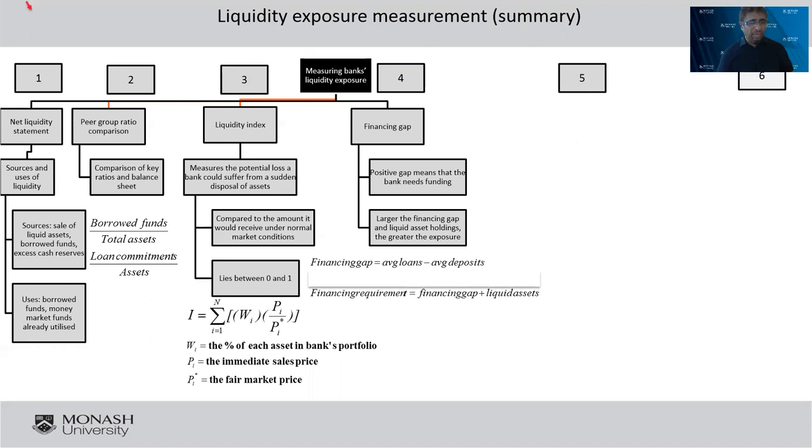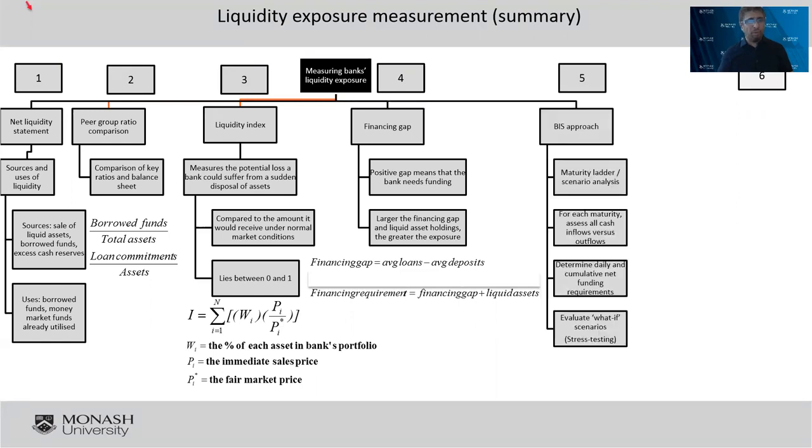We have to have liquid assets and cash, and this has to be involved in the financing requirements. So we calculate the financing gap and add to it these liquid assets, and that represents the total amount we need: the difference between the deposits and the loans, plus the cash we need.